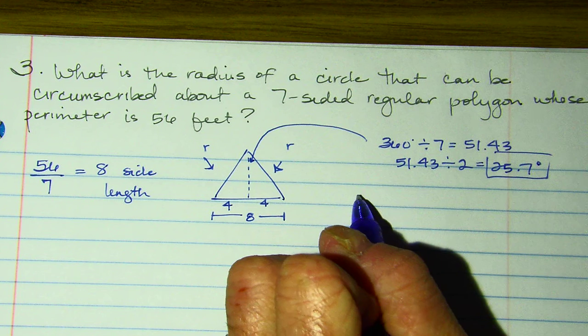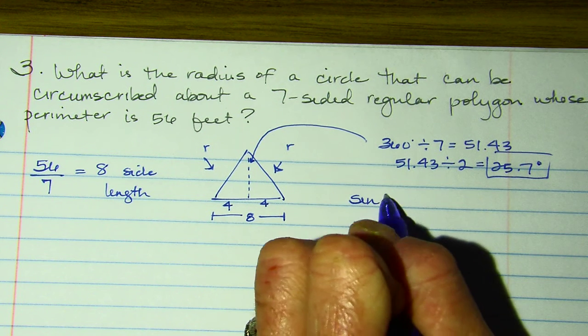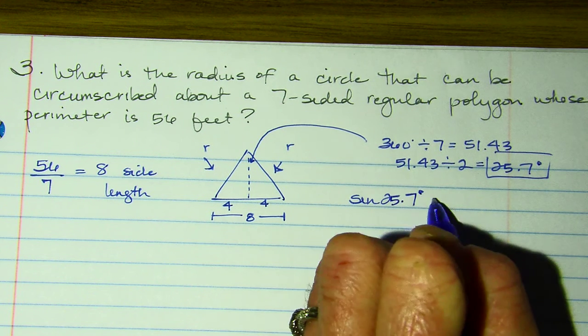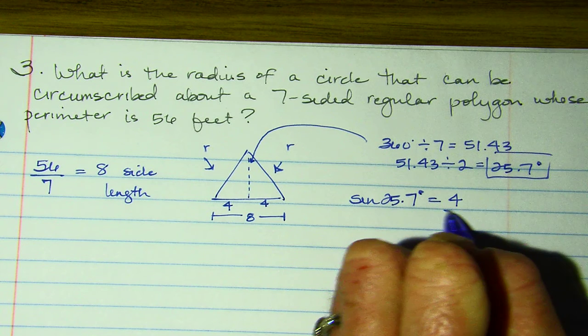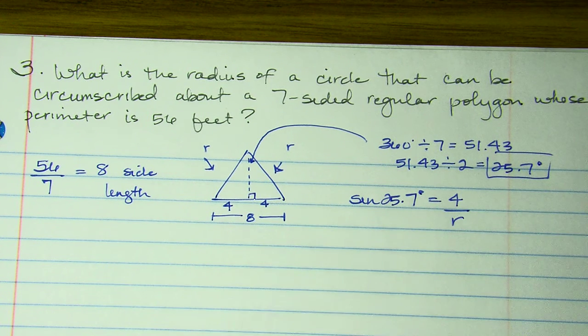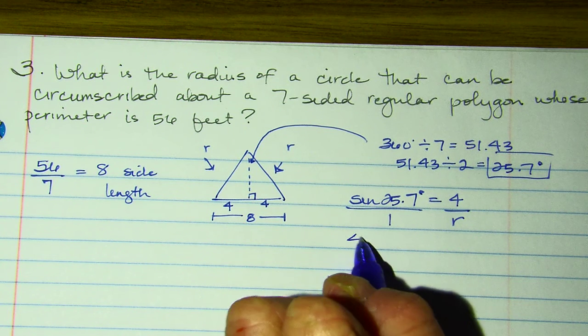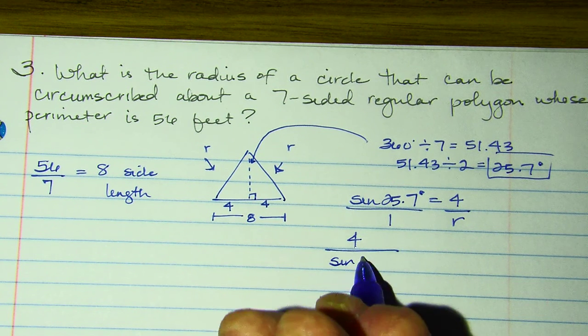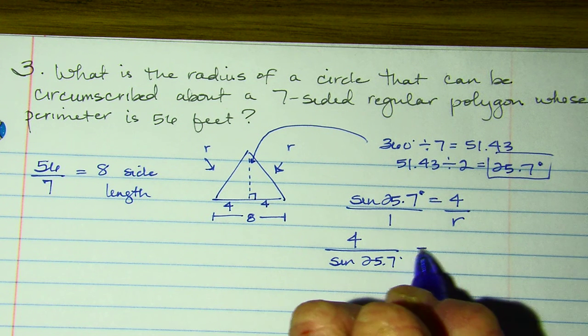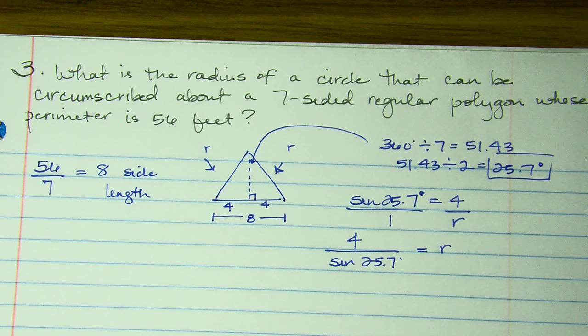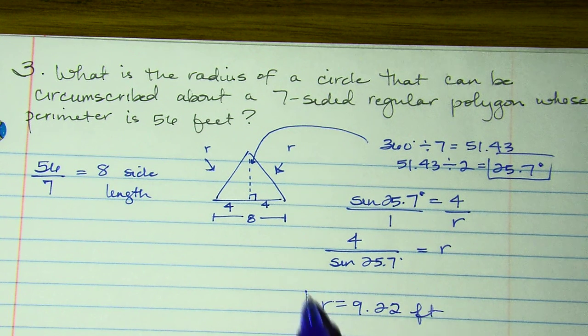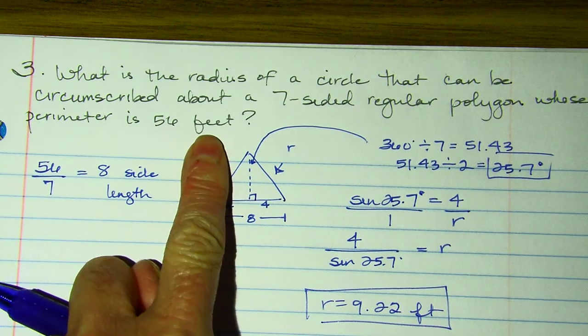So I'm going to do the sine of 25.7 degrees equals opposite over hypotenuse, right? Is radius. So that would give me 4 divided by the sine of 25.7. I'm cross multiplying in my head and solving. So 4 divided by the sine of 25.7, I get a radius of 9.22 feet, because this time they actually gave me the dimension.